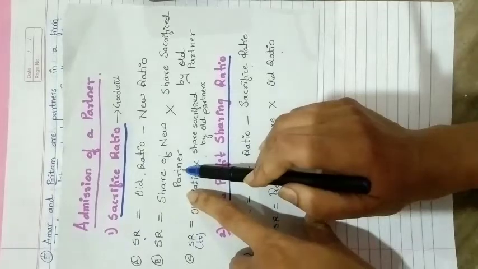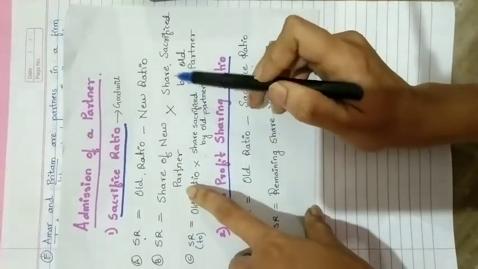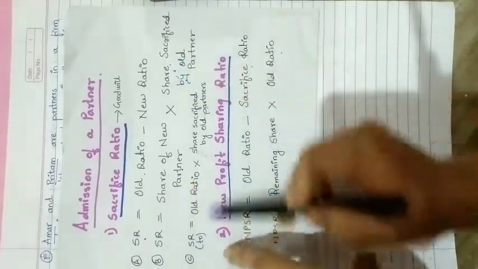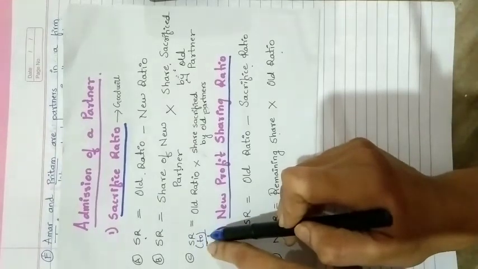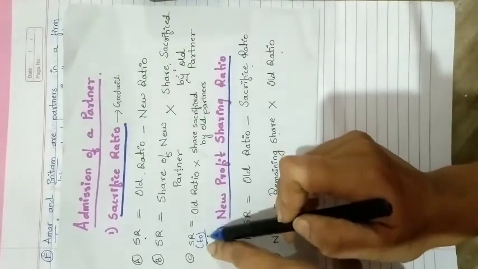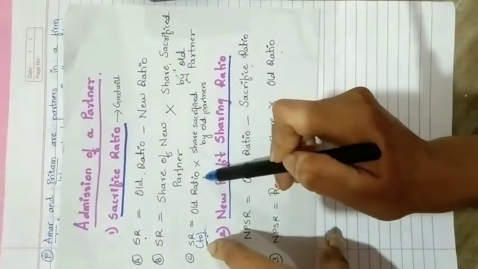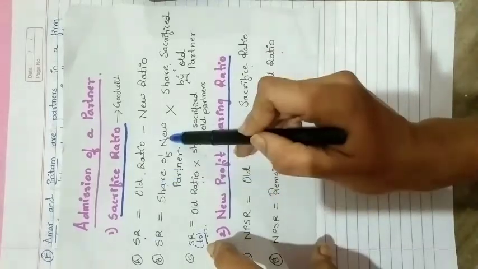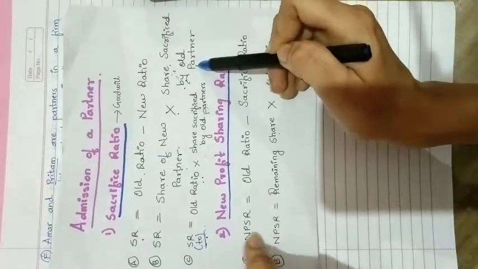We have with us share of a new partner and share sacrificed by old partner, so we can apply this ratio. This ratio we will apply only when the fractions are given and the word 'two' is given soon after the fraction. That is not this problem here. So we have to take this formula, share of a new partner multiplied by share sacrificed by old partner.